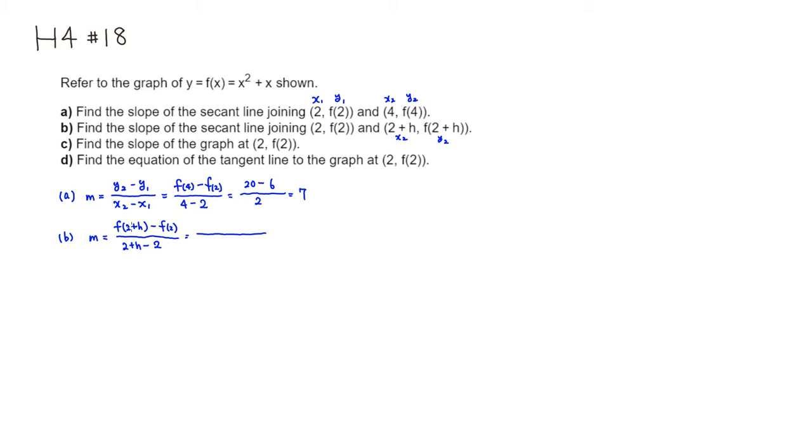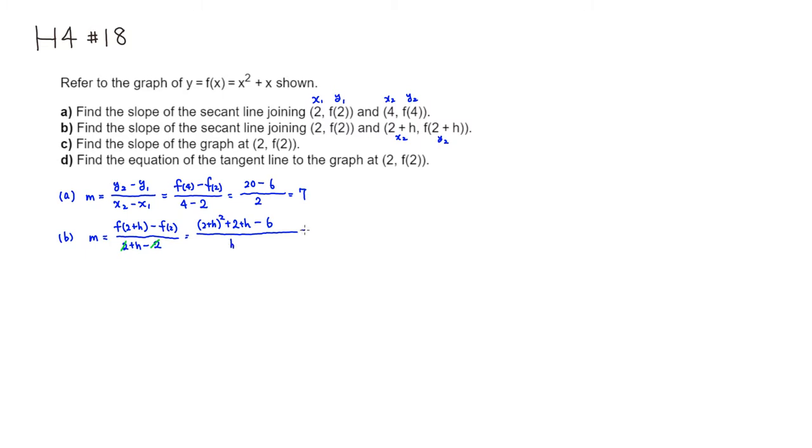If you plug in 2 plus h for x, you get 2 plus h squared plus 2 plus h, minus f of 2. We actually computed f of 2, which is 6, so it's minus 6. And then we can cancel 2 minus 2, so you only have h on the bottom.